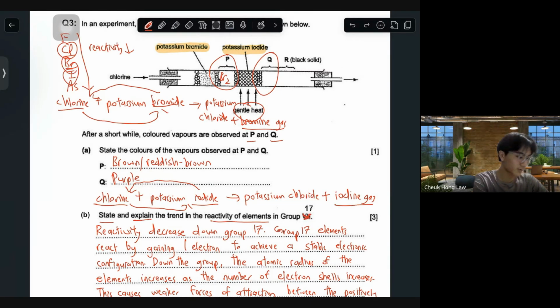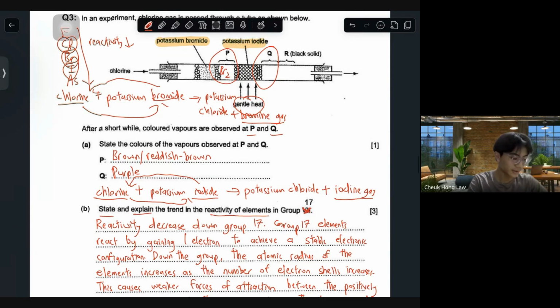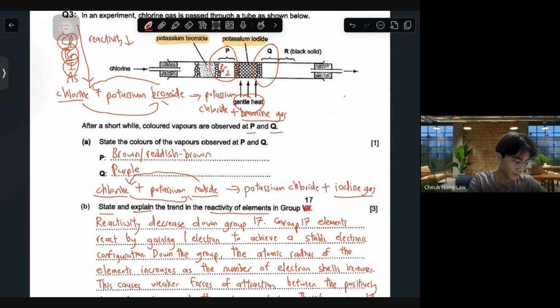Bromine actually reacts with the potassium iodide. Okay, so not just chlorine, right? Let me just write in chemical form. Bromine reacts with potassium iodide to form potassium bromide and iodine.